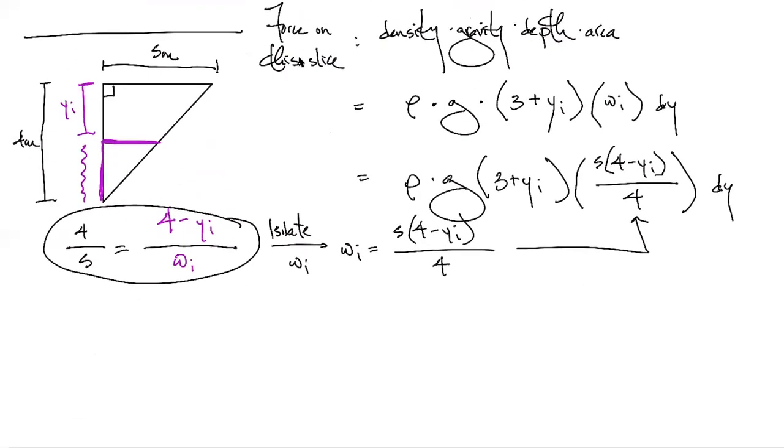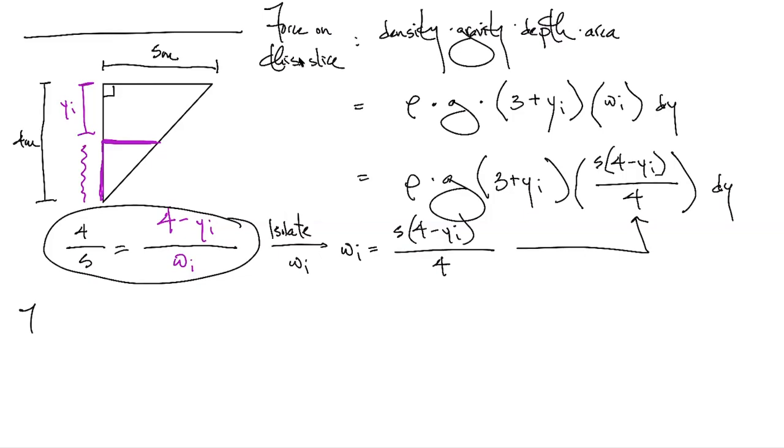So we're going to take our equation, rho times g times 3 plus y sub I times 5 times 4 minus y sub I over 4 dy. And we're just going to get rid of the i's, because now the i is taken care of by your bounds in the integral. So we can pick all of the y sub i's between whatever our bounds are.